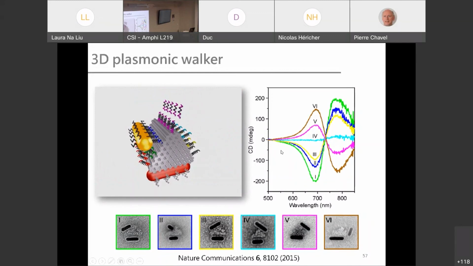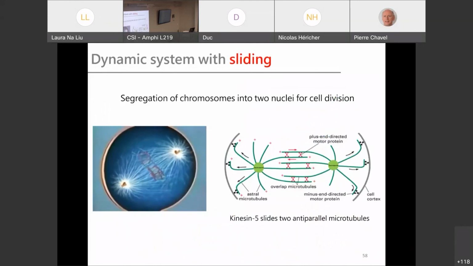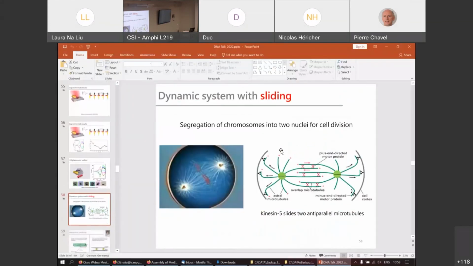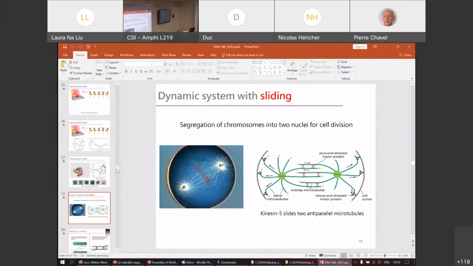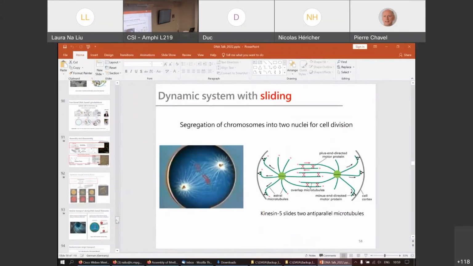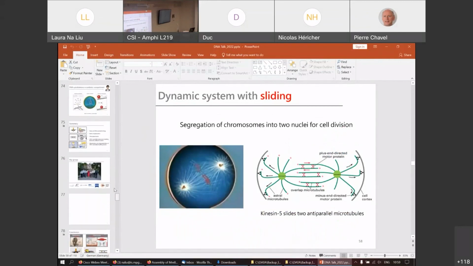What I have not really had enough time to cover is the sliding motion, but I think I rather stop here just to give you the conclusion.